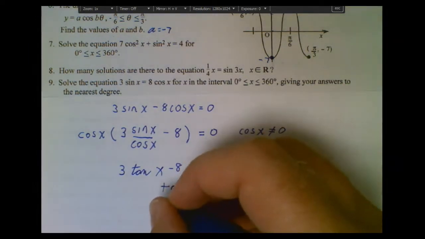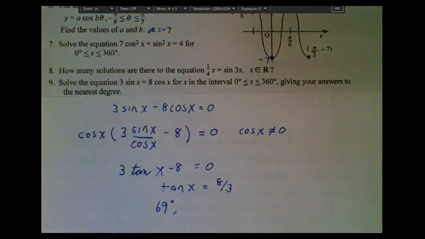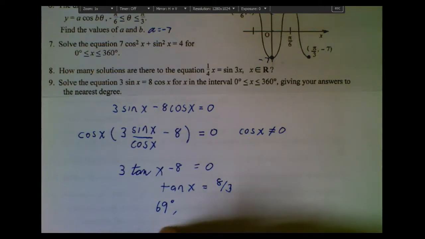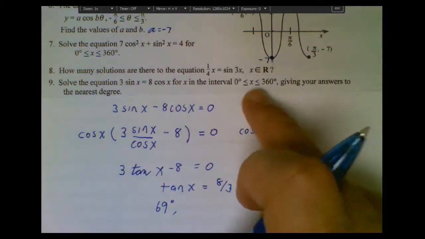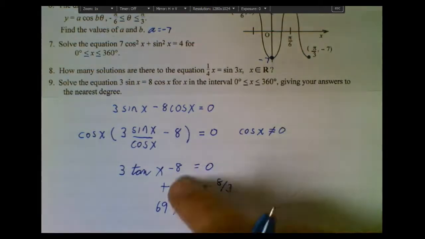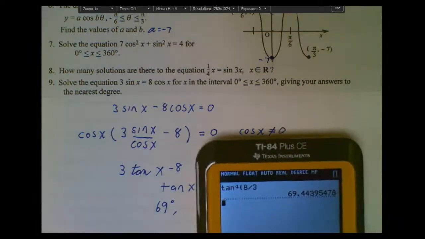And then one thing that you should know is from solving equations like this, tangents repeat every 180. So I would also add 180 degrees to this, and I would keep adding 180 as long as I am within the given domain. So if I add 180 to this, I can get another answer.